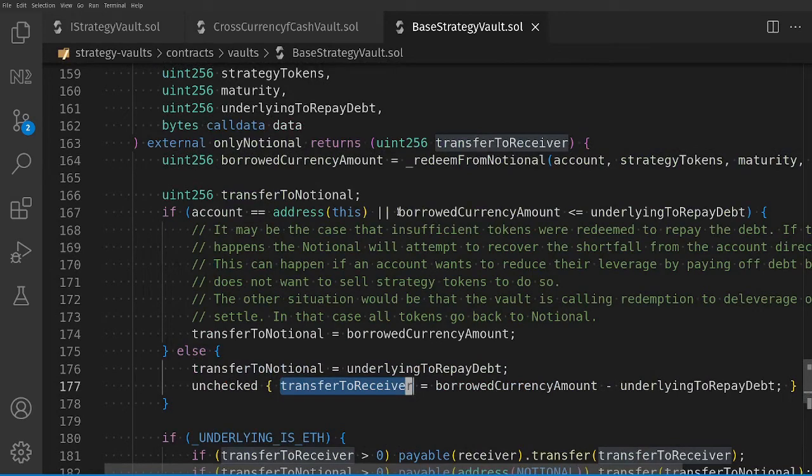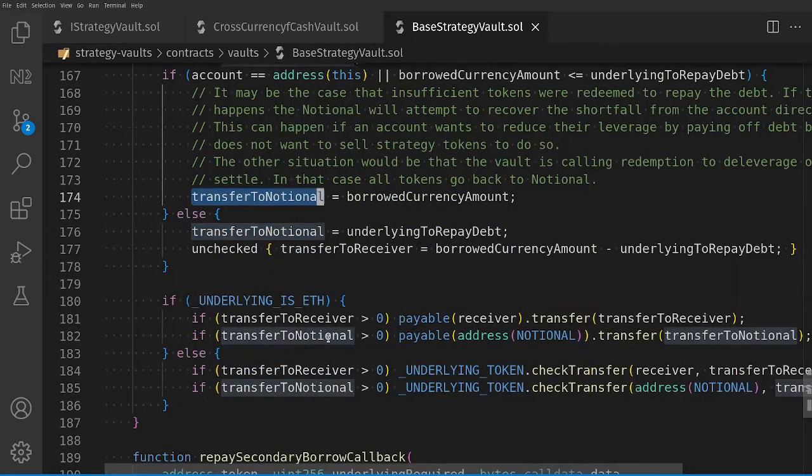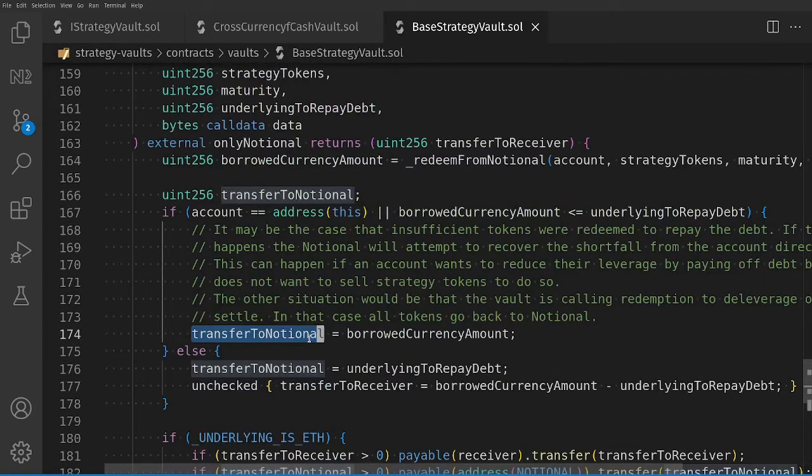If there's a shortfall in what's raised, we're going to transfer everything to Notional, and when we do that, Notional will then try to recoup the shortfall from the account's wallet. If it can't do that, it will revert.